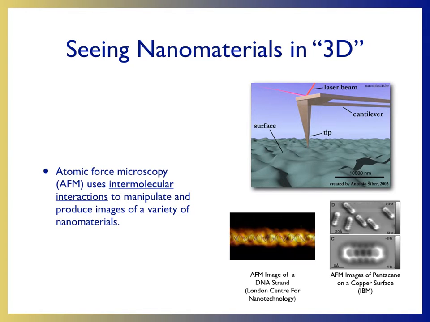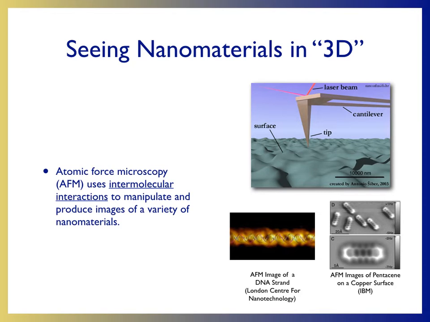AFM has provided many advantages in imaging. The image on the left is an image of a DNA strand. Superimposed on the AFM image is a Watson and Crick diagram of the double helix structure of DNA, which the AFM image captures. The images on the right are truly amazing.